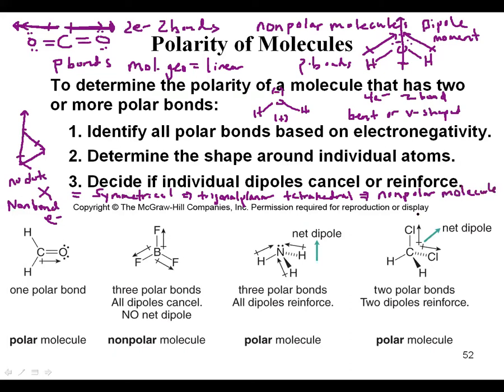Now, if you do have these geometries and everything on the outside is not the same elements, it will go from a nonpolar molecule to a polar molecule. And that leaves us unsymmetrical geometries.